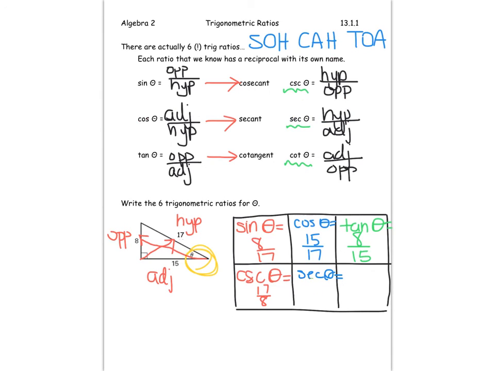Hypotenuse is 17 over adjacent 15. All right, and then the last one, tangent, reciprocal, cotangent. COT is the abbreviation. So cotangent of theta equals, then flip tangent over, so 15 over 8. That's it. If you have questions, please ask.